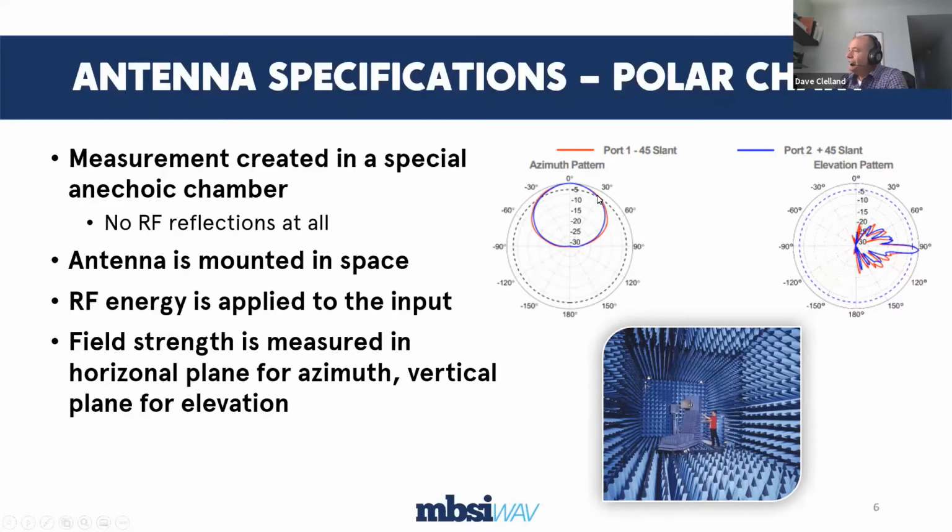Antenna manufacturers spec their antennas, their elevation beam width and horizontal azimuth beam width, at the point where the energy is 3 dB less than in the direction the antenna is designed to go.